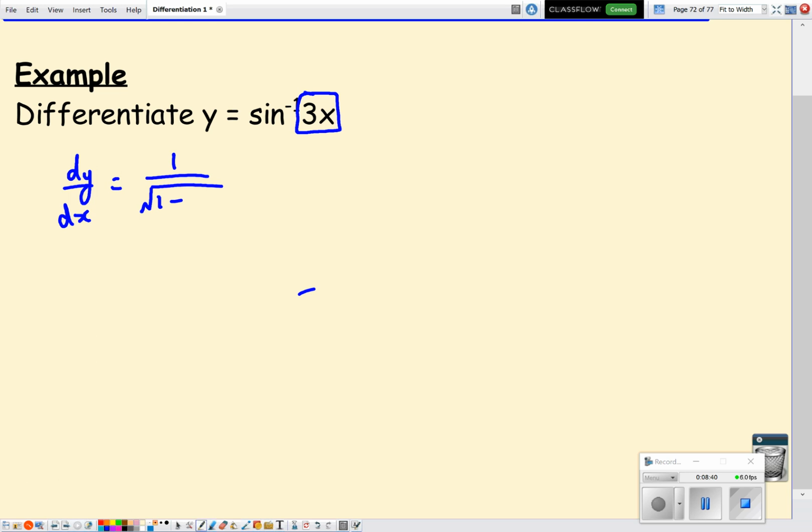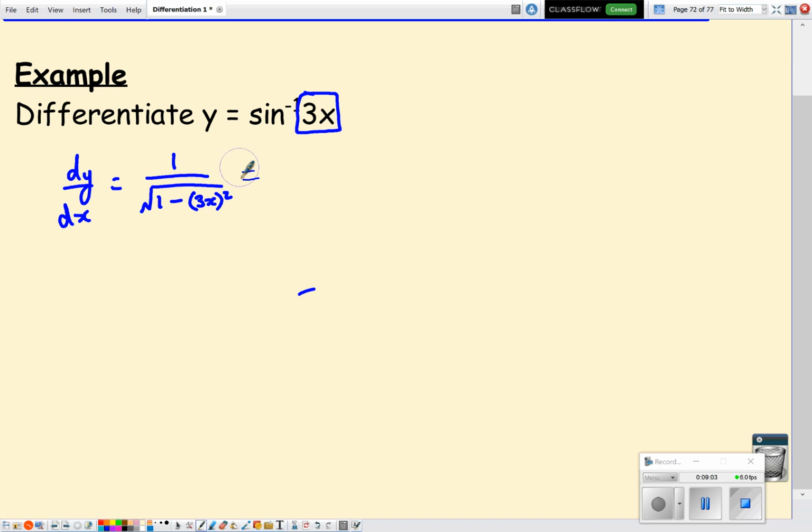That needs to go in place of x, like that. You have to be very, very careful when you're doing that. So what's that going to come to? I've just put a thinner pen on there because there's going to be a lot of writing coming up for some of the next few examples.